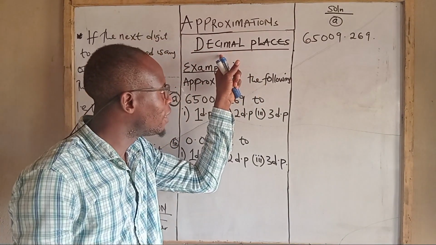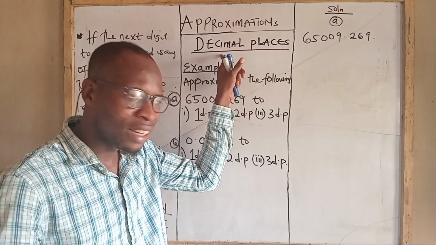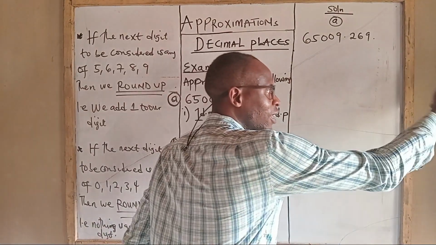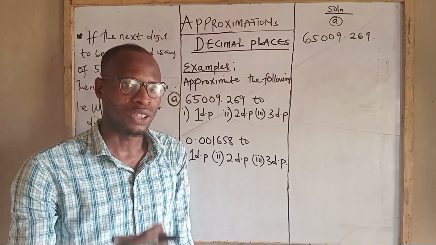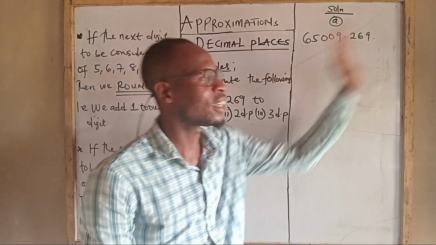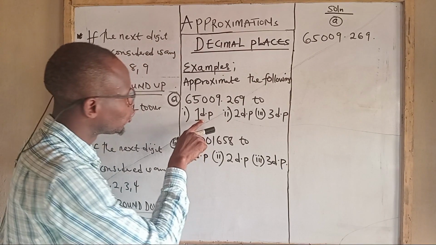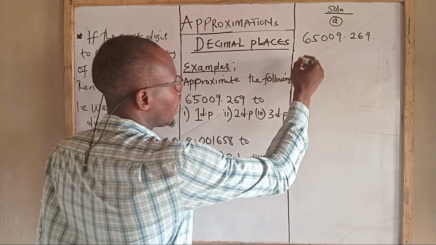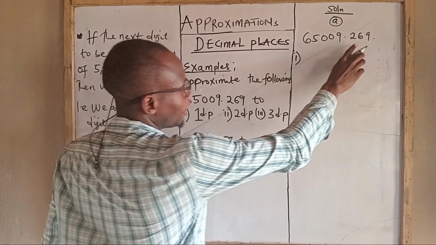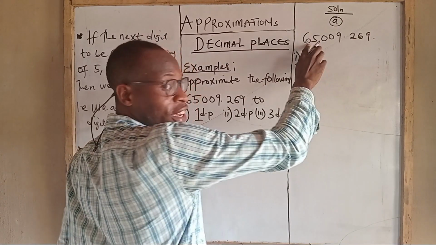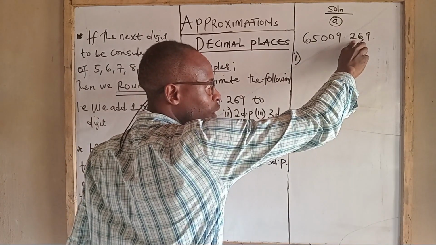For decimal places, you always consider the numbers on the right hand side. That means your counting starts from the right hand side, not from the left hand side. We want to approximate this to 1 decimal place now. It means I will start my counting from here, not from here. So I will start my counting from this number 2.